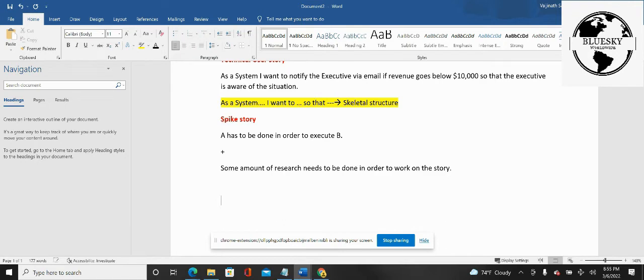A good example would be: data needs to be migrated from an external data source. I'm going to come up with a random name, just a random database name. I just wrote some random characters, but think of it as an external database.